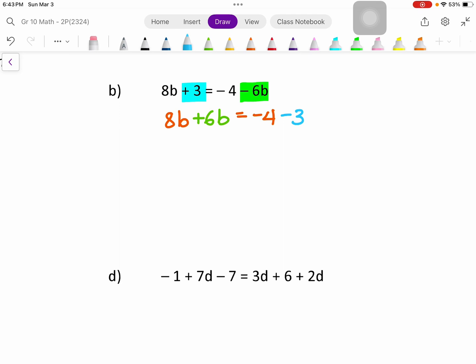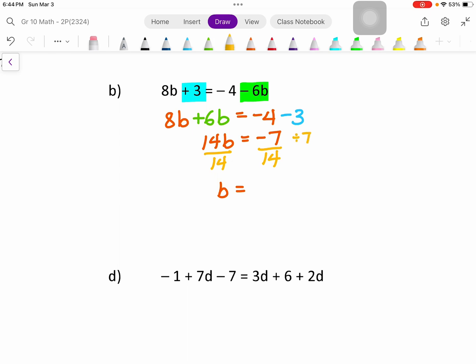So now I'm just going to simplify. 8b plus 6b is equal to 14b, and negative 4 subtract 3 is equal to negative 7. My last step is to divide by the 14, and that leaves me with b on this side, so we've isolated the variable. And negative 7 over 14, we're going to leave this as a fraction, but we are going to reduce to lowest terms.